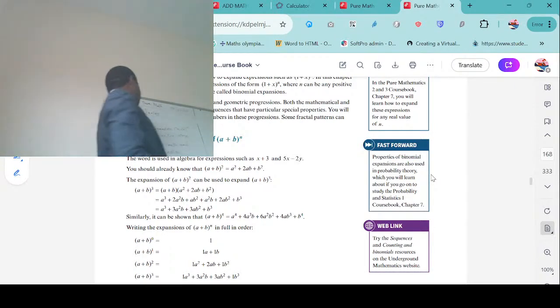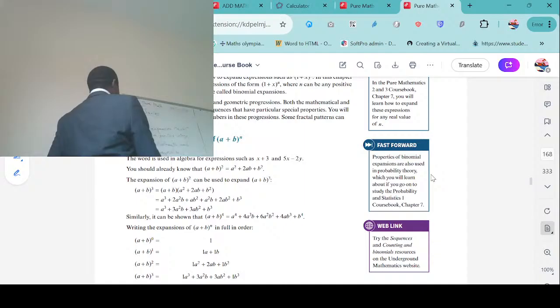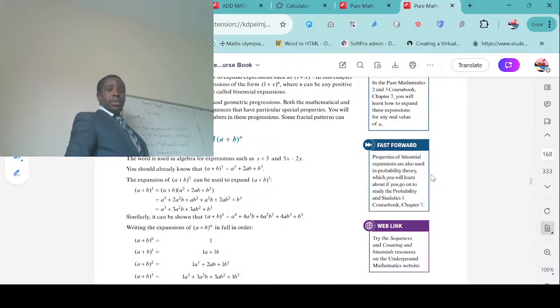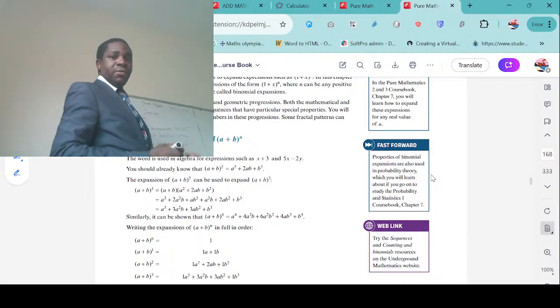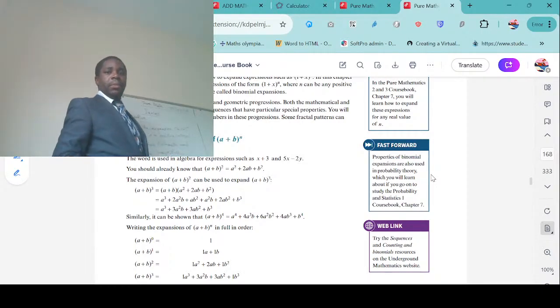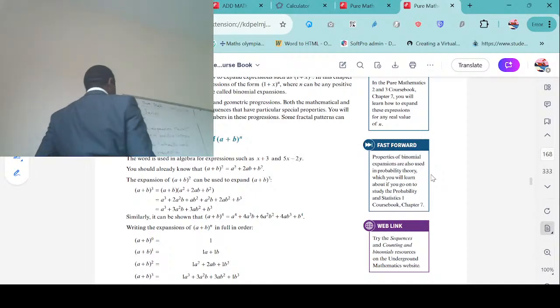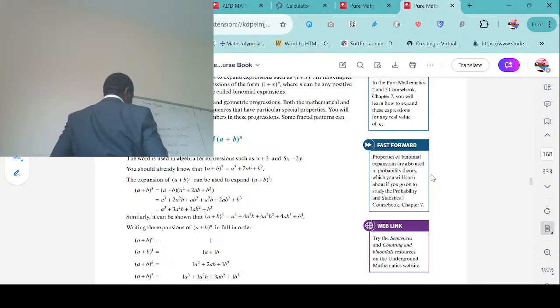When we talk about binomial expansion, we are talking about the expansion involving two terms or two items in the bracket. There's a general formula for the binomial expansion of two items. Initially, let's say n equals 2. When you do the expansion, you have a squared plus 2ab plus b squared.